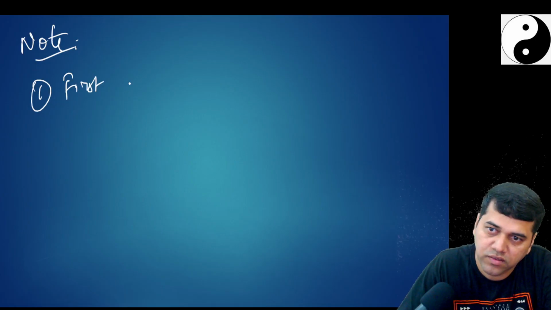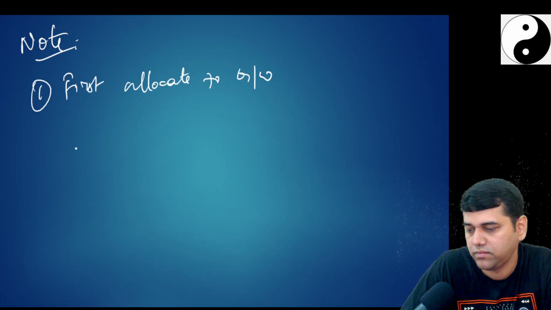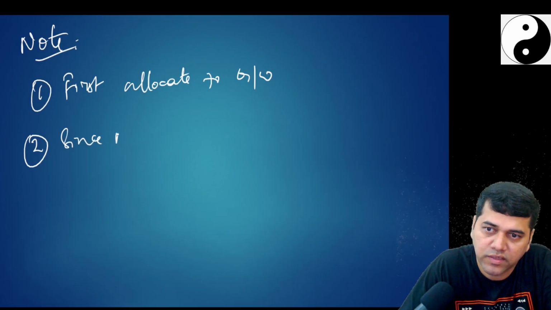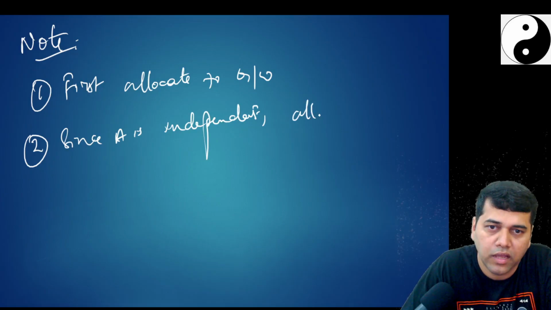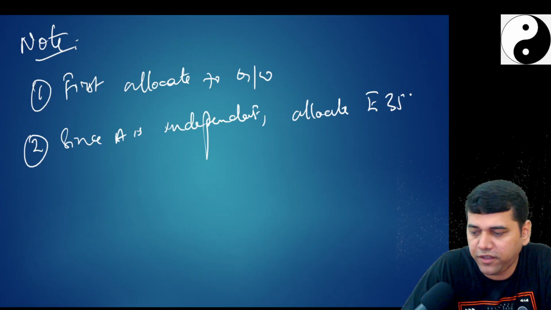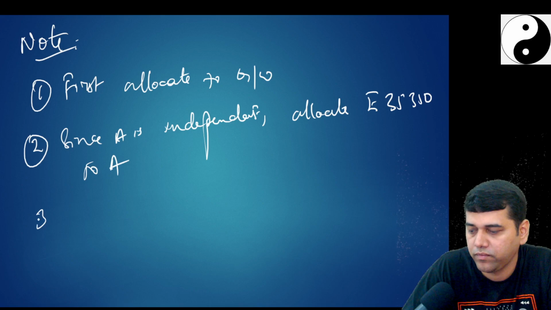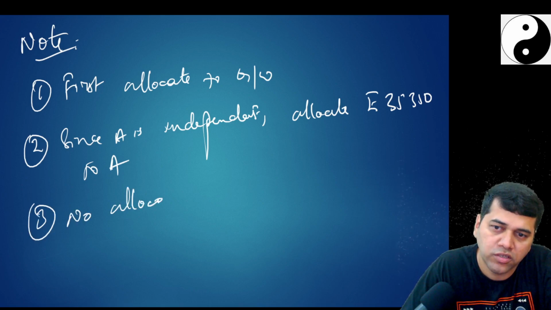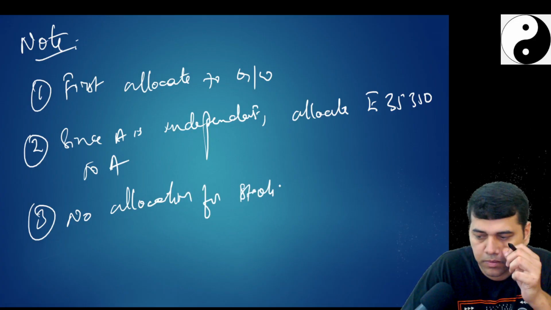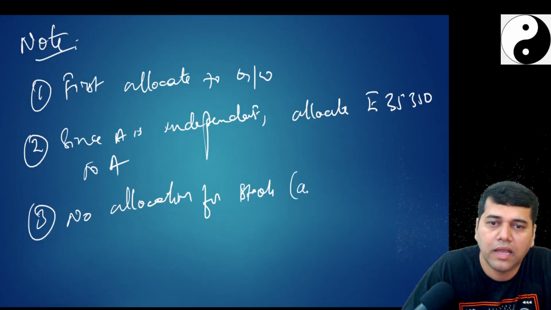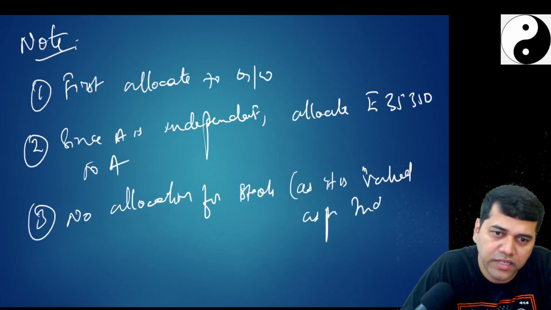First, allocate to goodwill. Since A is independent, allocate rupees 35,350 to A. No allocation for stock, as it is valued as per Ind AS 2.